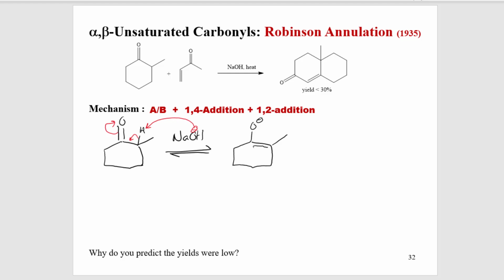Now, just to help you guys along, let's number this system. The carbon 1 in the product is most likely carbon 1 here because of that methyl group sticking out, okay? And that's all I'm feeling comfortable doing right now. Next, we introduce our alpha beta unsaturated carbonyl, and we have the enolate do a 1,4 addition. So I just showed you the acid-base chemistry.